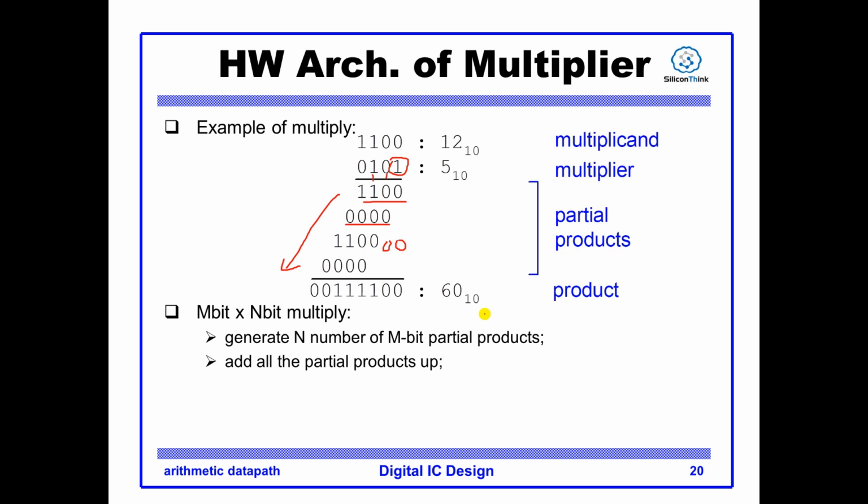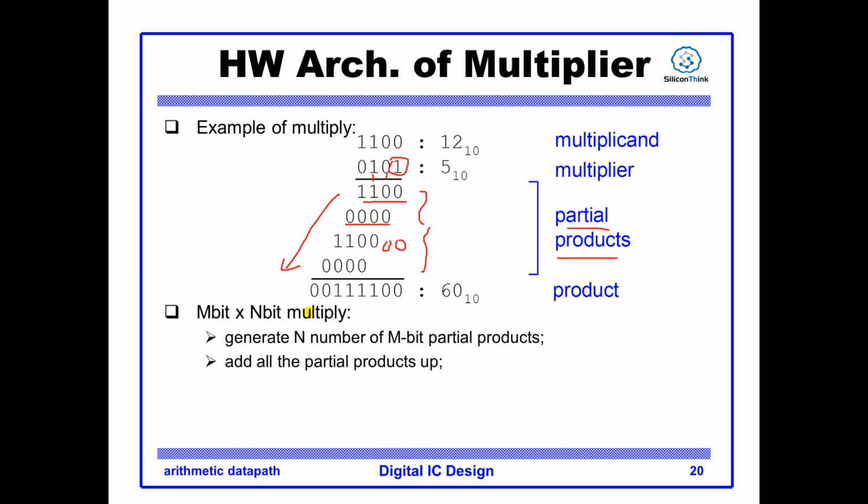This is the multiplication process you learned in primary school. We call these partial products.